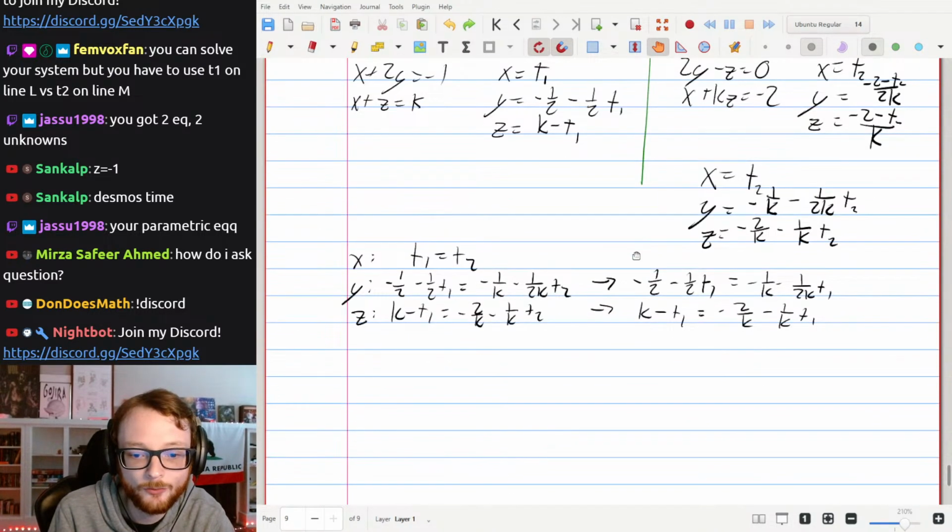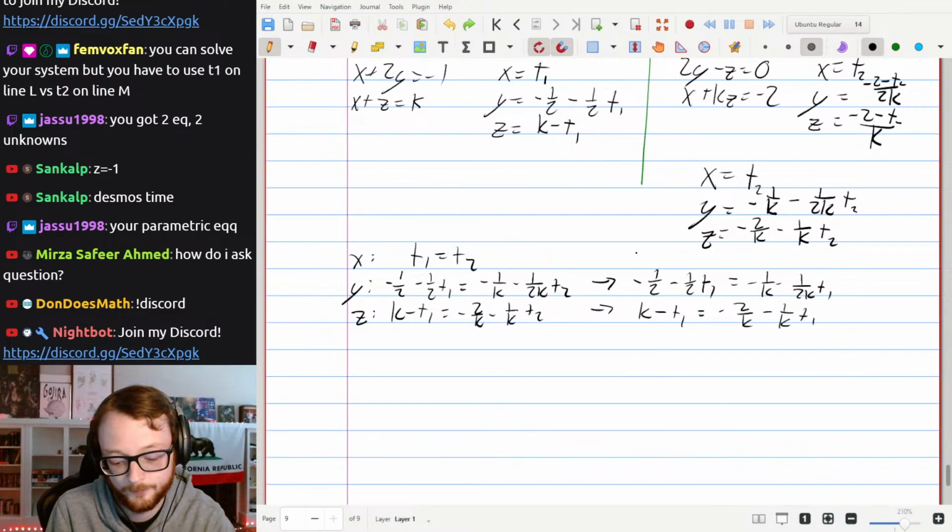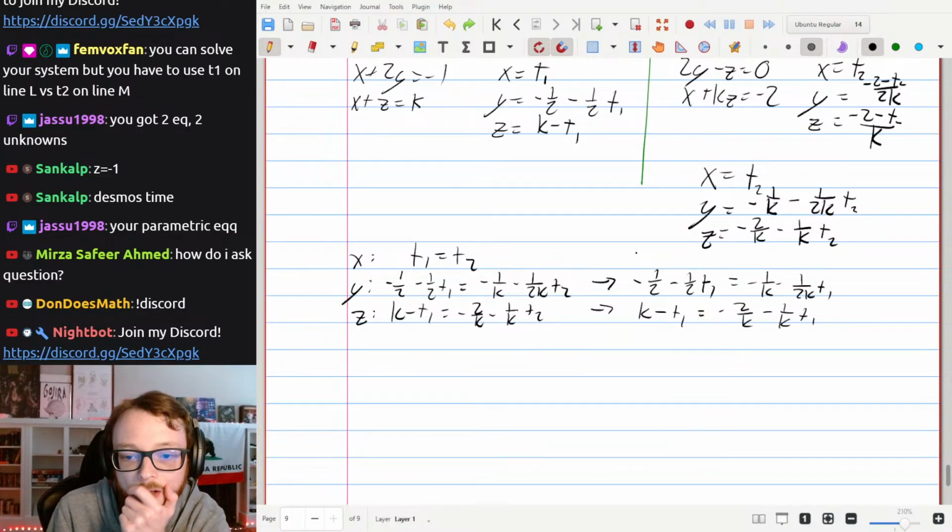Which is maybe what Jasu was also advocating for. They're not linear, which is a little bit annoying. They also just look stupid, which is even more annoying.